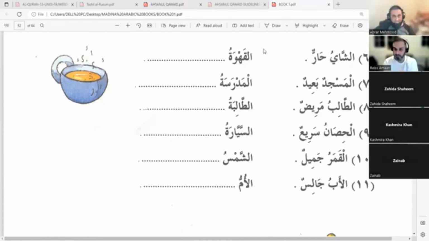Use that second word, ba'idun. Make it into the female version. Ba'idu. Are you sure? What's the ending? How can you tell whether it's male or female? Al-madrasatu ba'idatu.